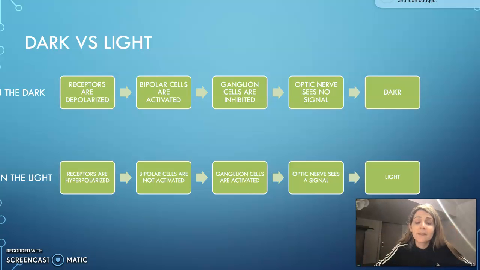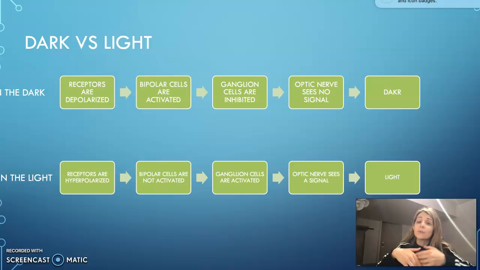We see dark. In the light, when the light hits the rods and the cones, to the rhodopsin, to the retinal, it changes its shape, the alpha molecule comes off, and it breaks down the cyclic GMP to regular GMP. A low concentration of cyclic GMP will let the Na+ ionic channel close. No more Na+ can come in. We have a hyperpolarization. When we have a hyperpolarization, the receptors are shut off.